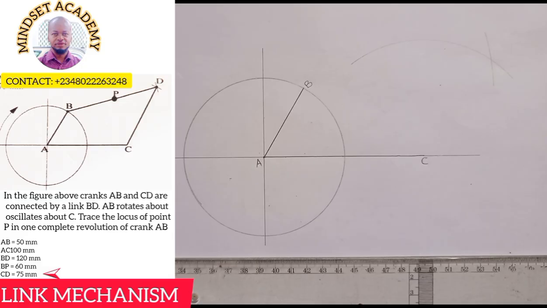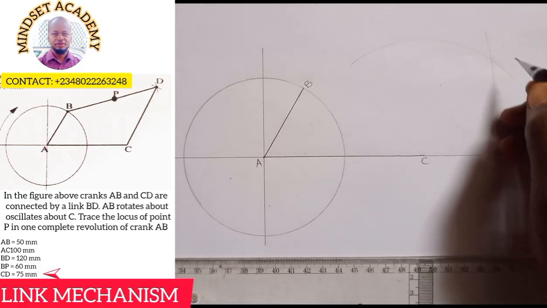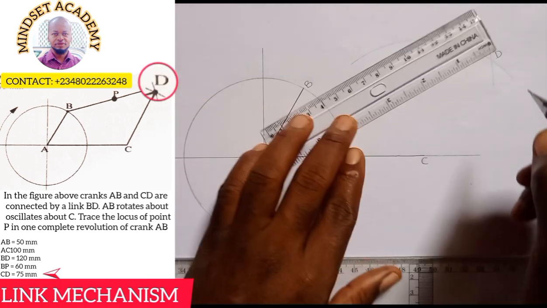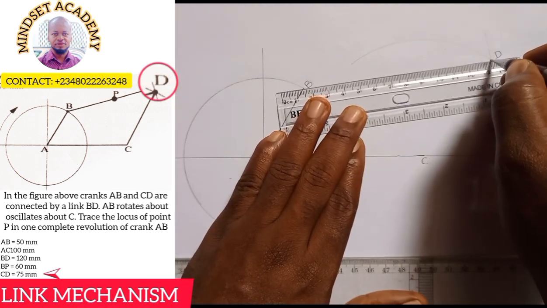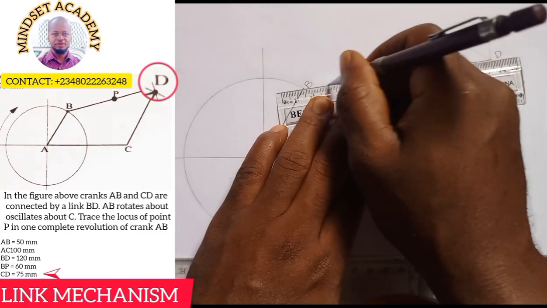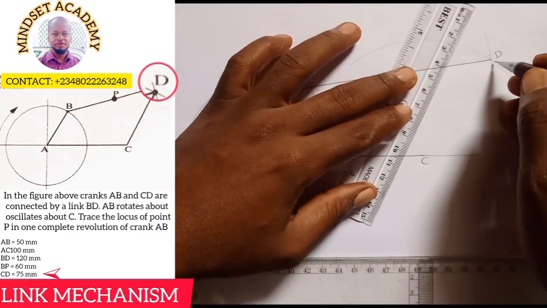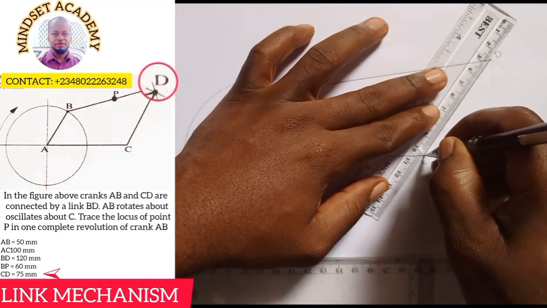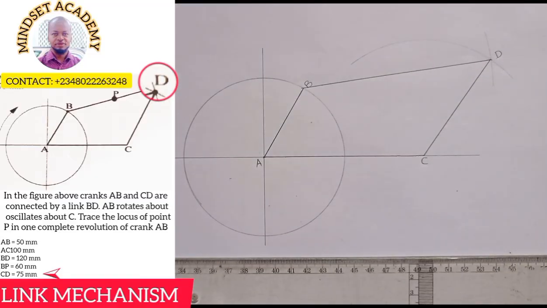So where they intersect, that will be my point D. So I'll take my instrument and connect B to D and also connect BD to C. Now this is what we have accomplished, reproducing the figure that is displayed at the left hand side of the screen.